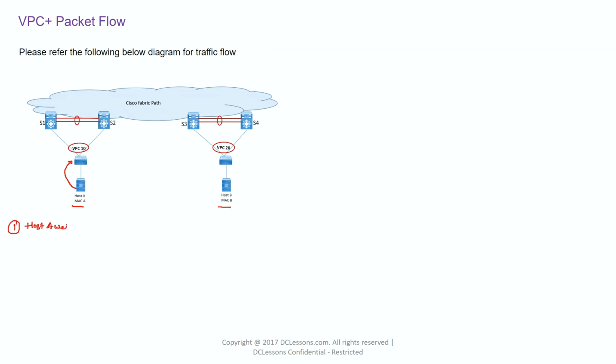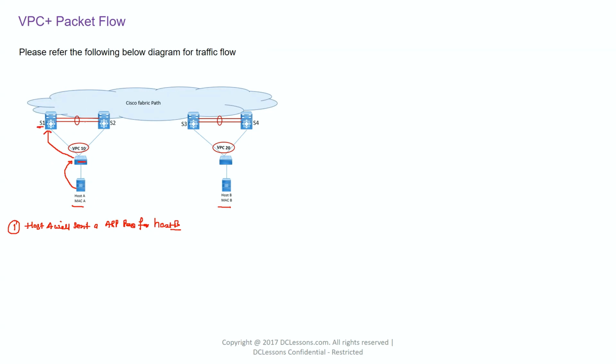Host A will send an ARP request for host B, right? Now, once the ARP request reaches this switch, let's suppose this switch sends a packet to switch 1.